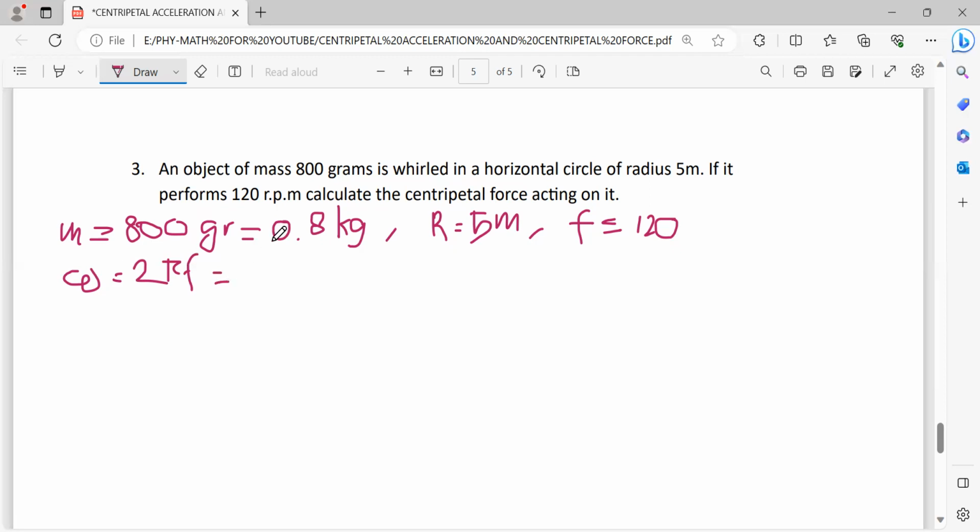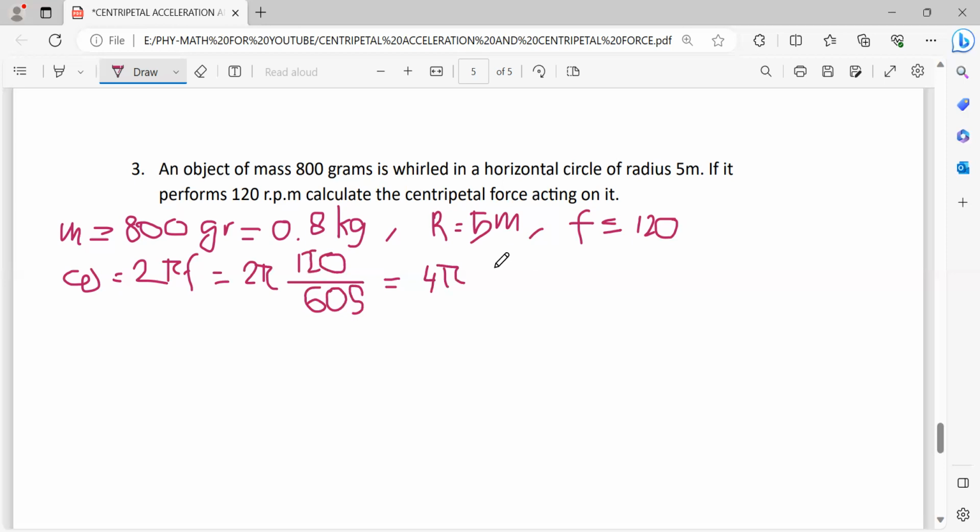So 2 pi times 120 over 60 seconds equals 4 pi.